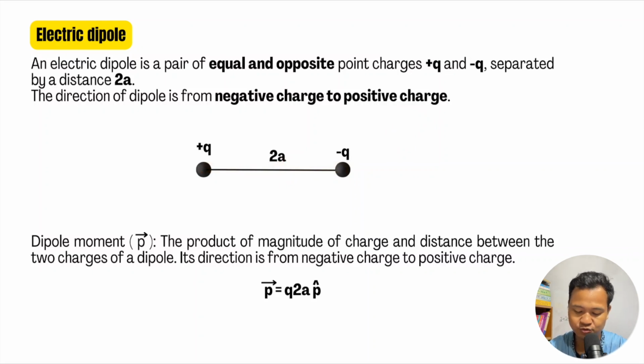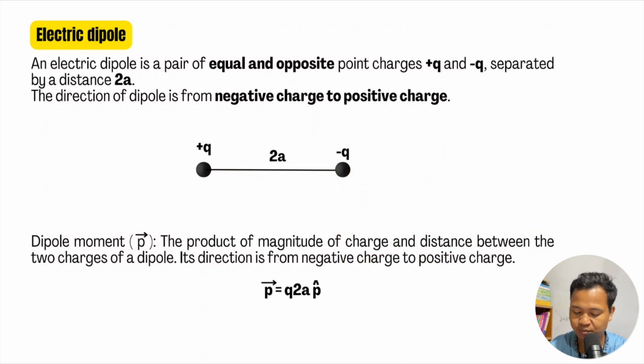Dipole moment is another term. It is the product of the magnitude of charge Q and the distance between the two charges, 2A. So Q into 2A is the dipole moment, the product of the charge and the distance between them.